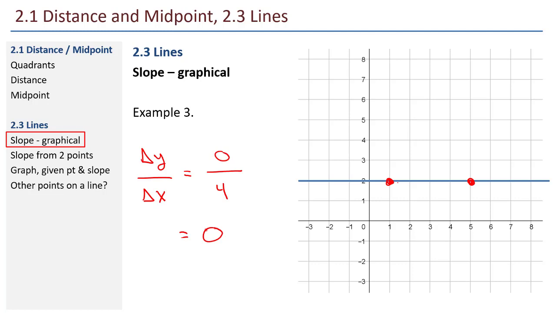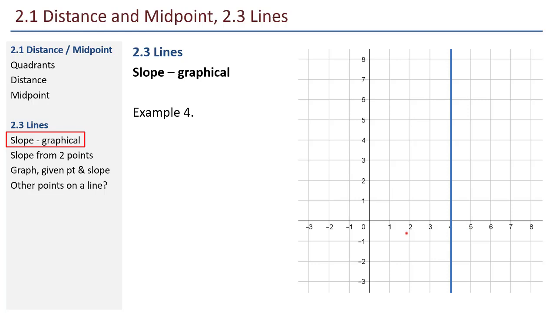One last example. How about a perfectly vertical line? Again, I'll just pick a couple random points on there. It doesn't really matter. I want to figure out change in y divided by change in x. How about the x? The x coordinate doesn't change at all. That's a 0 there. My y has increased by 4.